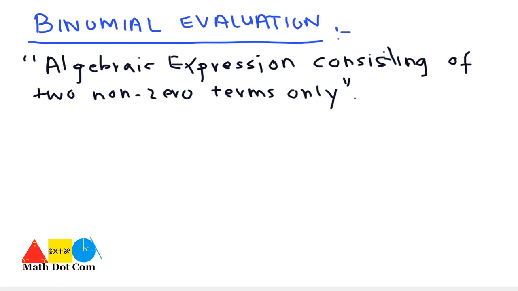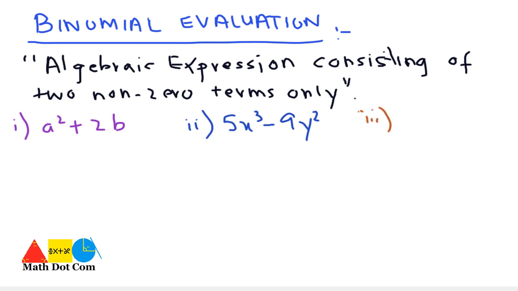Okay, let's take some examples. One is a square plus 2ab plus 2b. This is a binomial expression. Another is 5x cube minus 9y square. Another is minus 11p square plus q square.